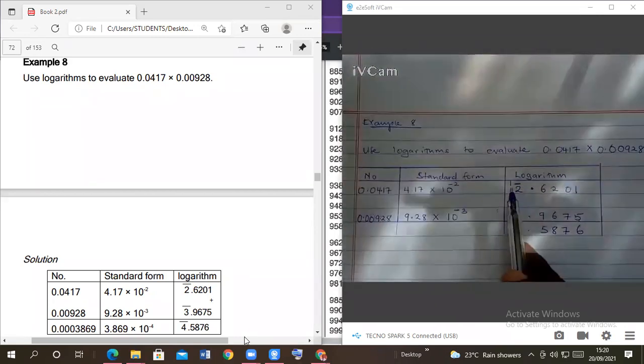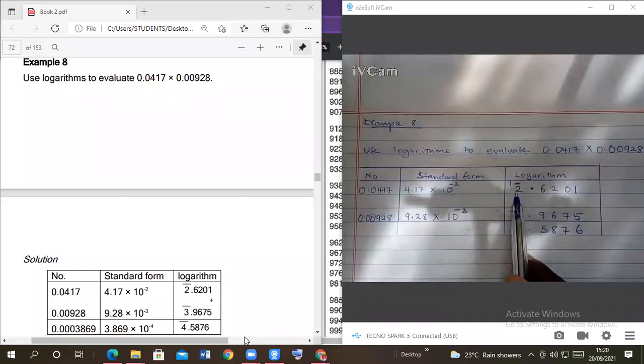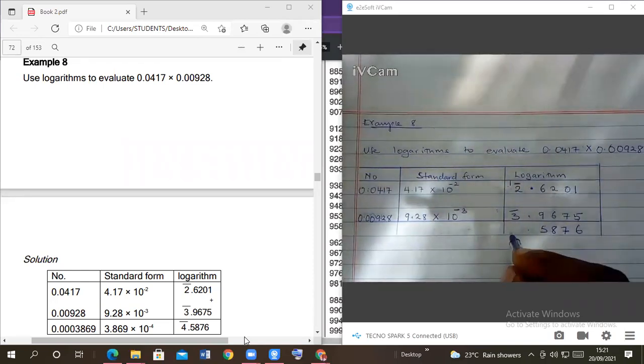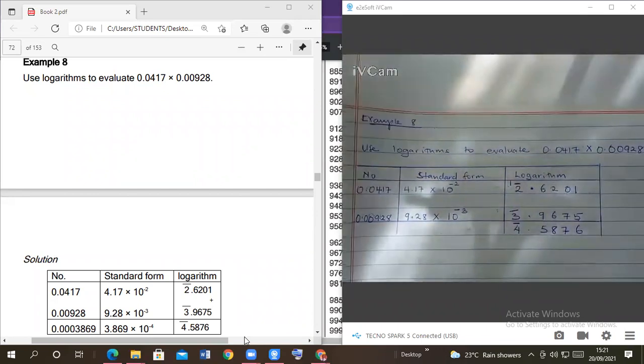So 1 is positive, and here we have negative 2. Negative 2 plus 1, what do you get? Negative 1. Negative 1 plus negative 3, what do you get? Negative 4.